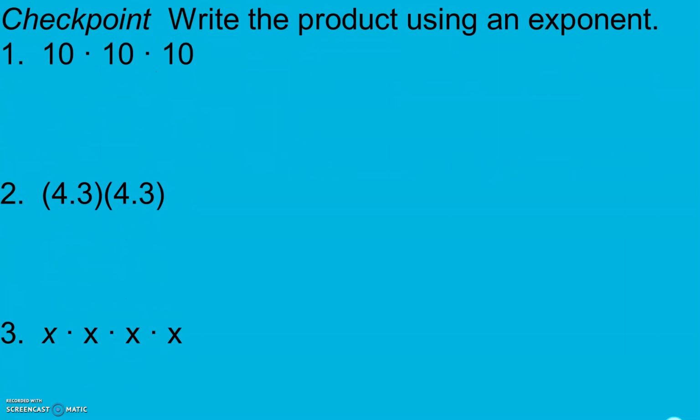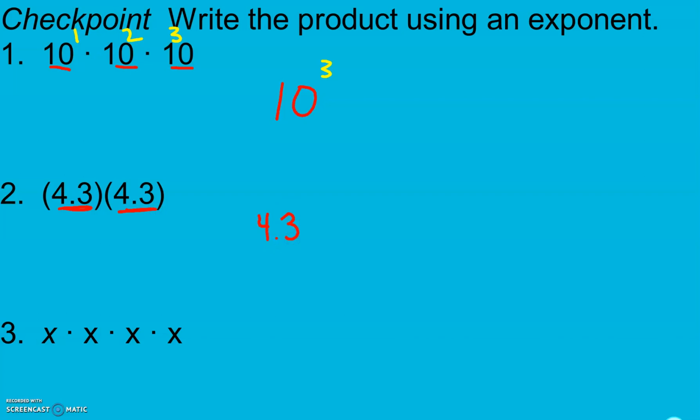We're going to write the product using an exponent. So for number 1, my base is 10. It's being multiplied 3 times, so 10 to the 3rd power. Number 2, my base, they're both the exact same, so it's going to be 4.3.